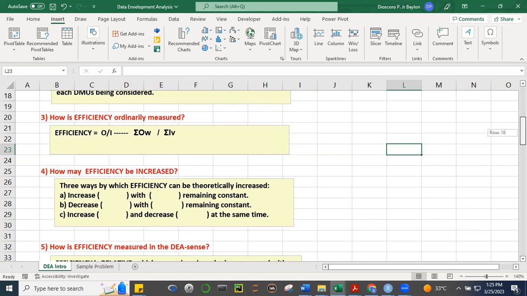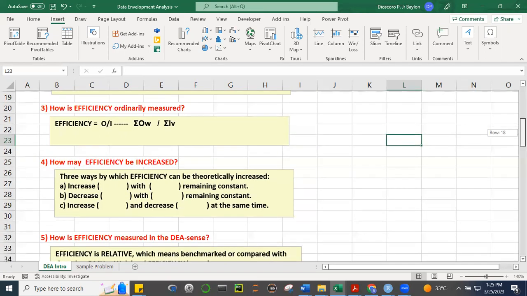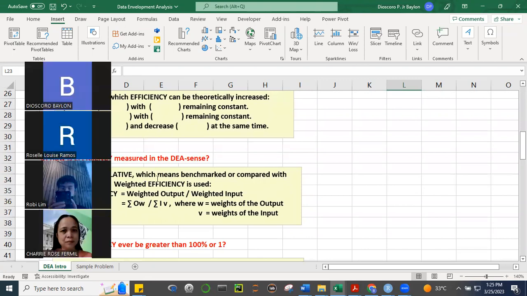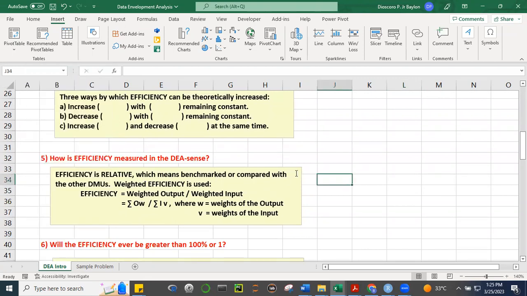That's self-explanatory, just algebraic. As I mentioned a while ago, in the DEA context, efficiency is relative, and it is measured by the weighted output over the weighted input.